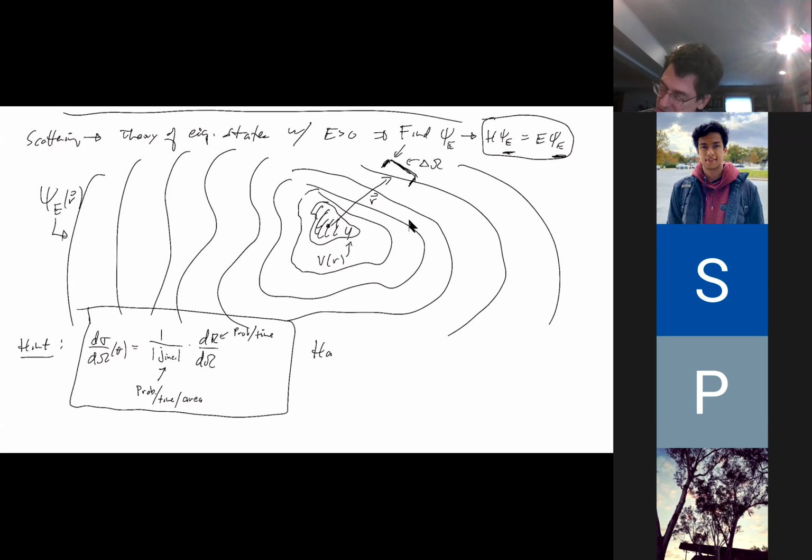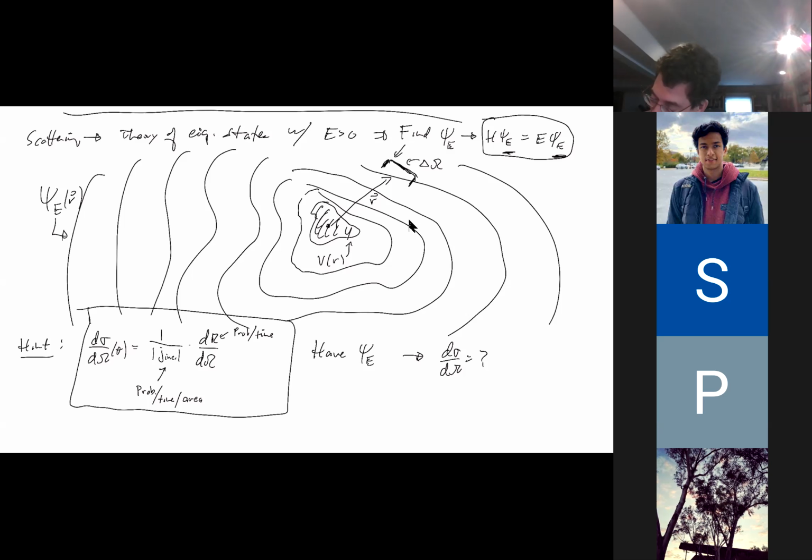So how do I find d sigma d omega? We have psi E. Then what do I have to do? Can you guess? Do we get the probability flow or current? Yeah, exactly.